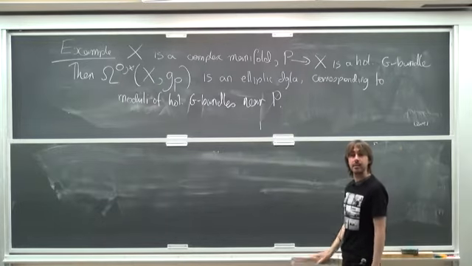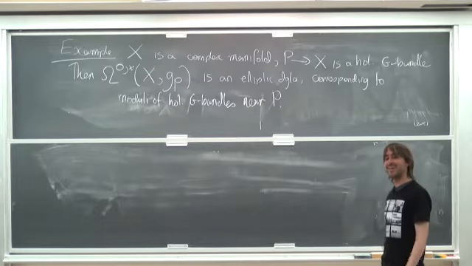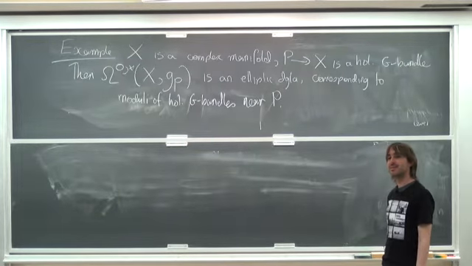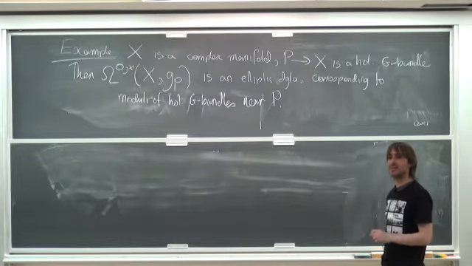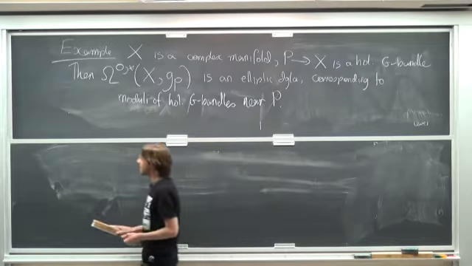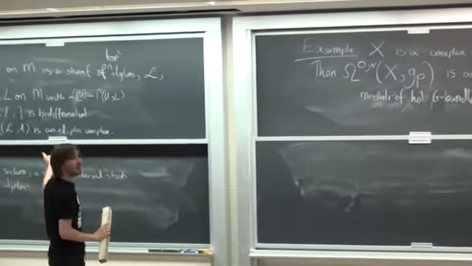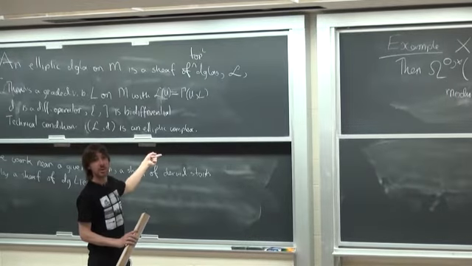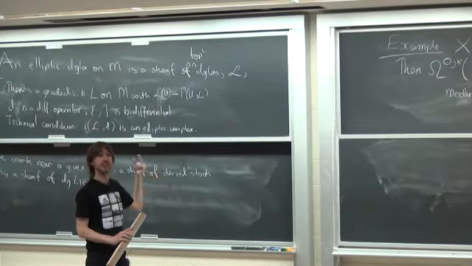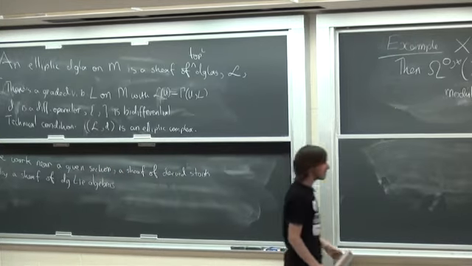So that word elliptic has something to do with solutions to an elliptic differential equation? Exactly. If this was a two-term complex, then D would be an elliptic operator. This is just a generalization of the concept of elliptic operator to when you have a more than two-term complex.